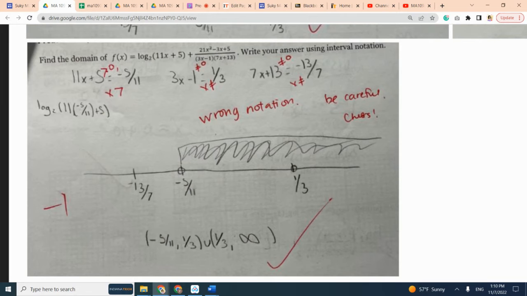So that's why this is an open circle, but we don't consider that because x must be greater than -5/11, and it cannot be this point. Therefore, your interval notation is (-5/11, 1/3), parentheses, because we don't want to include that point, union, parentheses, 1/3 to infinity. Okay, everybody?